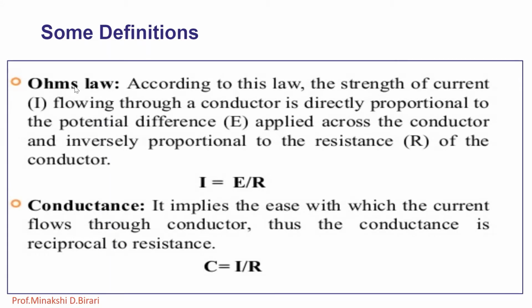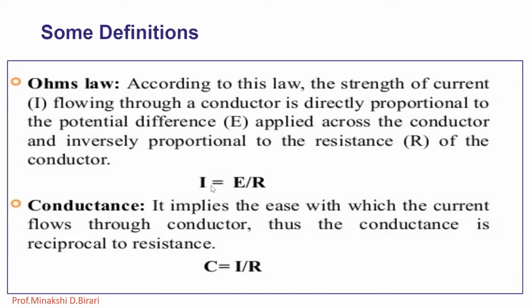First of all, Ohm's law. According to this law, the strength of current, that is I, flowing through a conductor is directly proportional to the potential difference applied across the conductor and inversely proportional to the resistance R of the conductor.